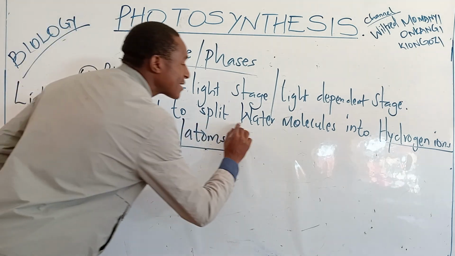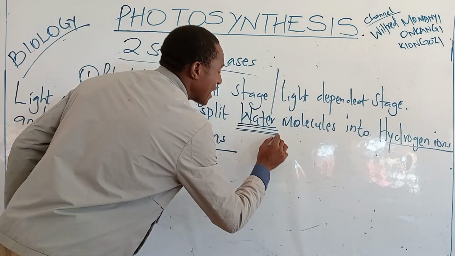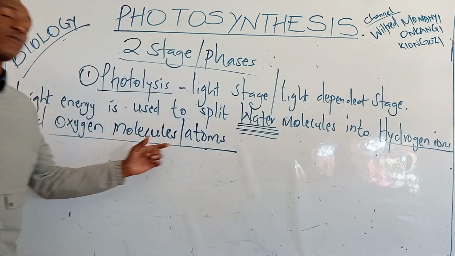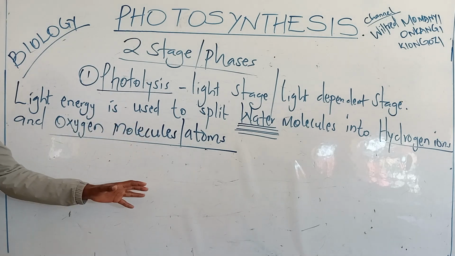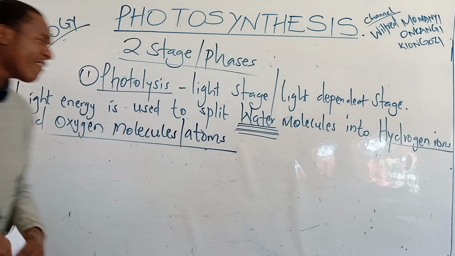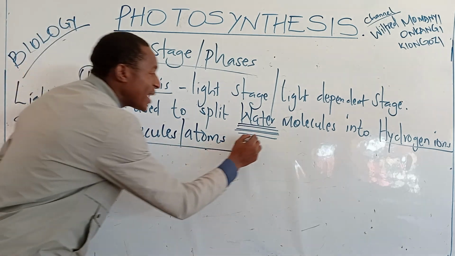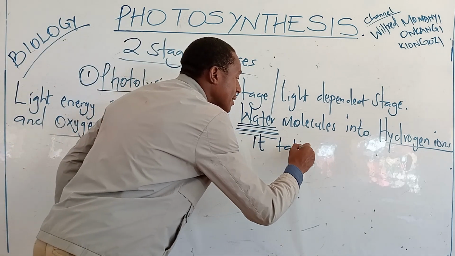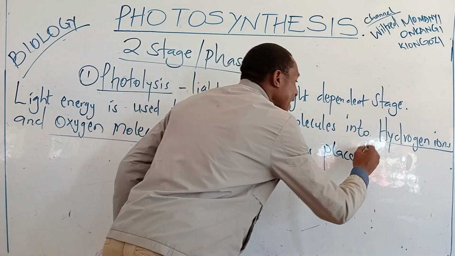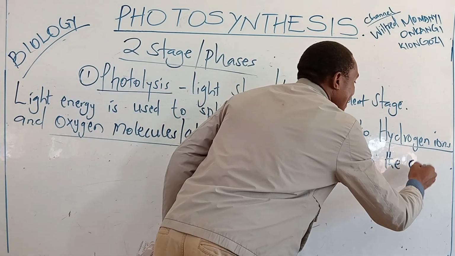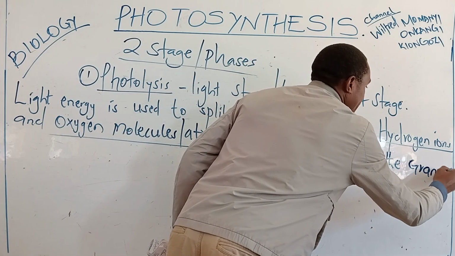This is the first raw material that has been used in the first phase of photosynthesis. So water is split. We can have a small word equation, but before that, it takes place in the granum.